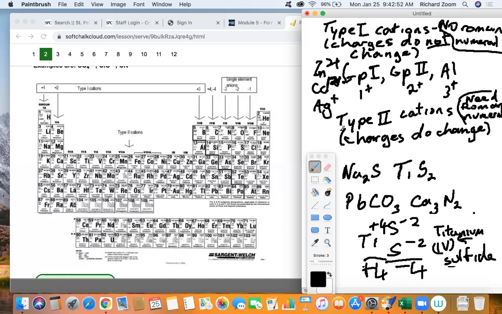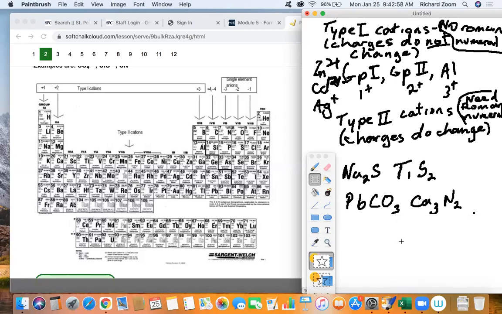The other point that sometimes people run afoul of here is how to deal with polyatomic ions. And I made a big point about this the other day. So you've got PbCO3, and there's only one CO3. The reason we know there's only one of them is because there's no parentheses around it.